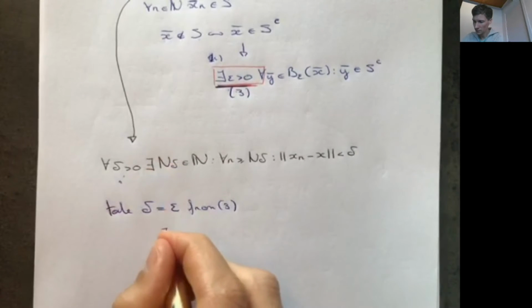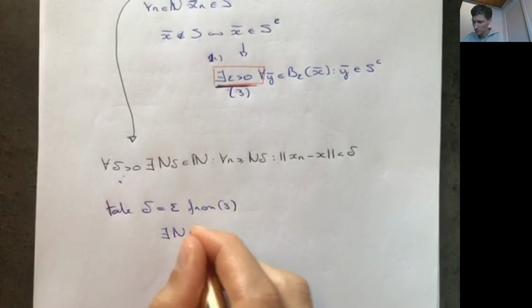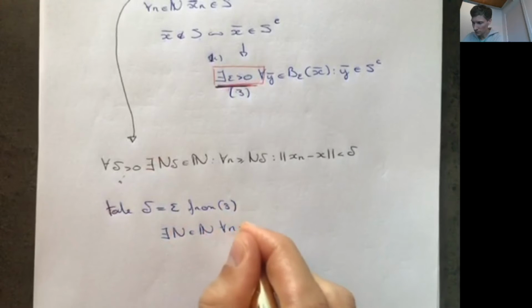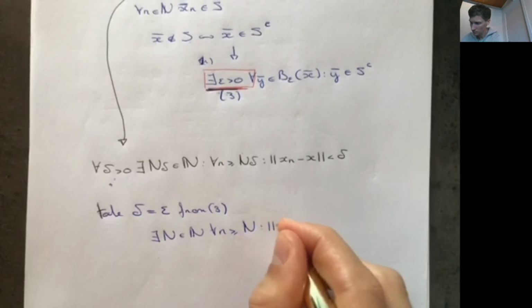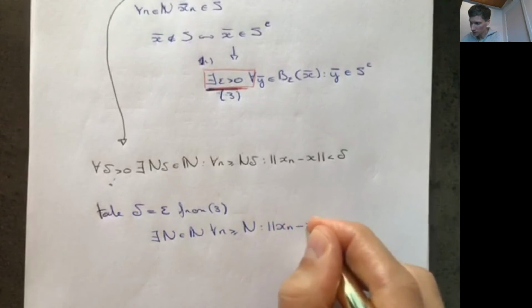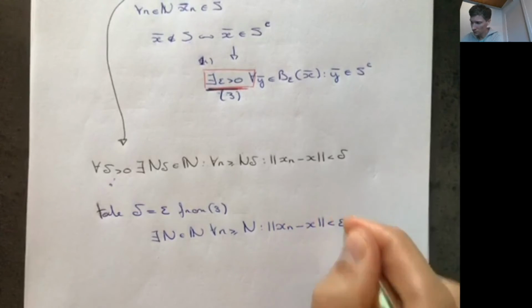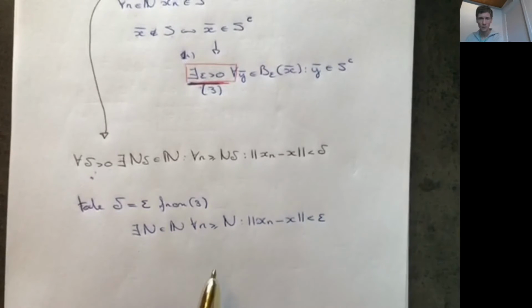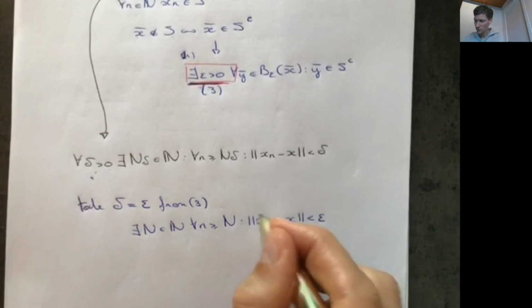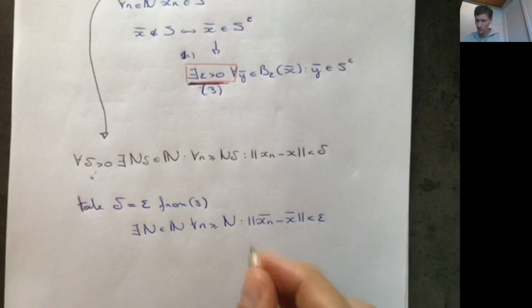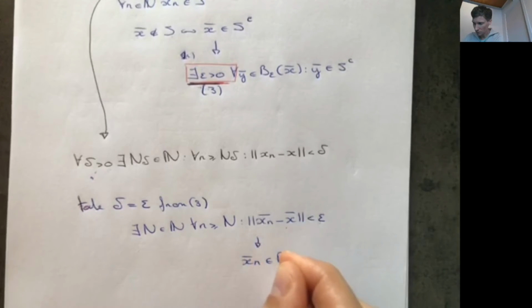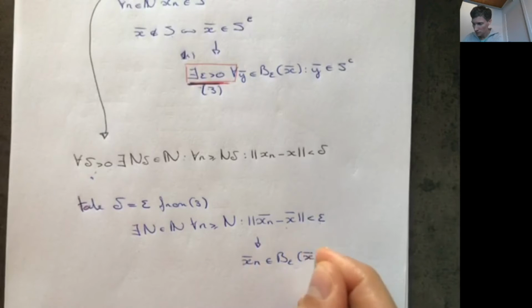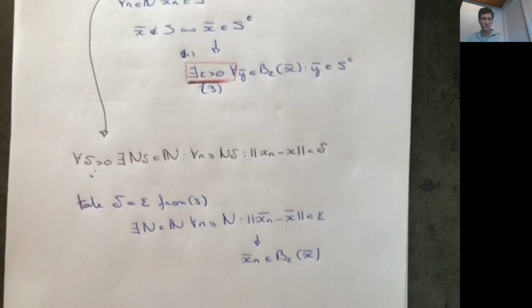Then we know that there exists an N such that for all n greater or equal to N, xn minus x is smaller than epsilon. What does it mean for xn to be epsilon close to x? Well, this means that xn is in the ball of radius epsilon around x.